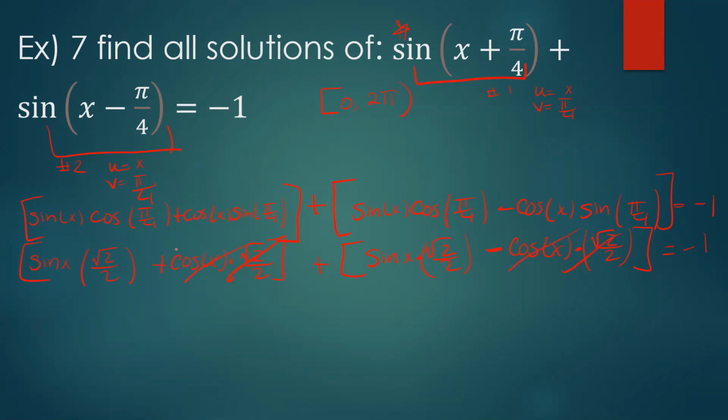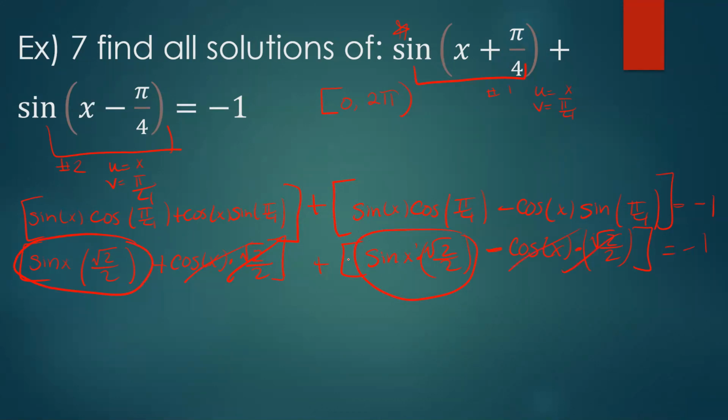Okay, so then you're left with this thing and this thing, right? So you have sine of x times radical 2 over 2, and then sine of x times radical 2 over 2.